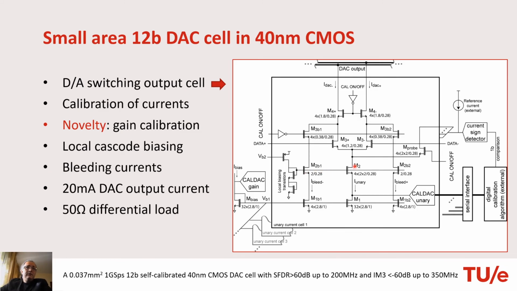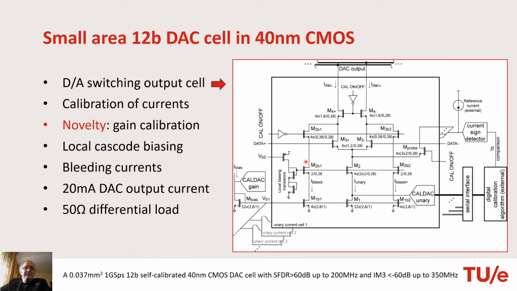We do this to isolate the different cells from seeing each other. If you have switching in one cell, it will not propagate to the other cells through the biasing network of the cascodes, because the cascodes are locally biased.